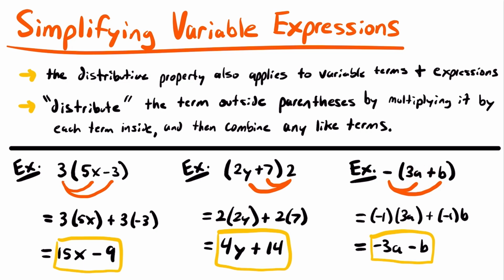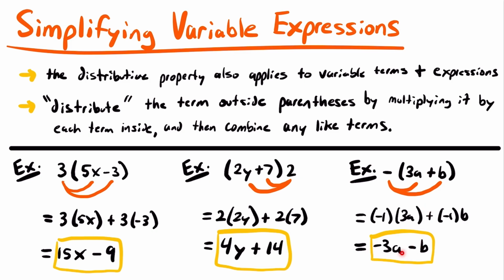Now, a little trick here, when you distribute -1, or the way that I like to think about it, is when you distribute a negative sign in front of a set of parentheses, you can do it really quickly by just changing the sign of each term inside the parentheses. All right, so in this case, since we have a negative sign in front of these two terms, 3a and b, the way to quickly distribute that negative is to just change both of these positive terms to be negative.